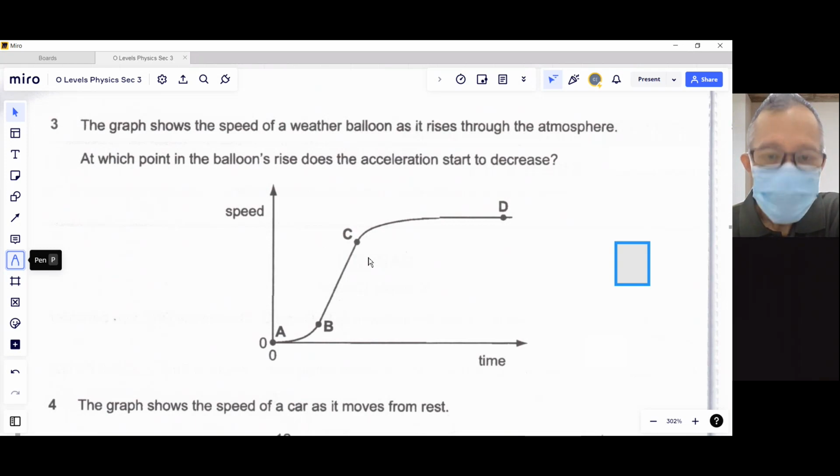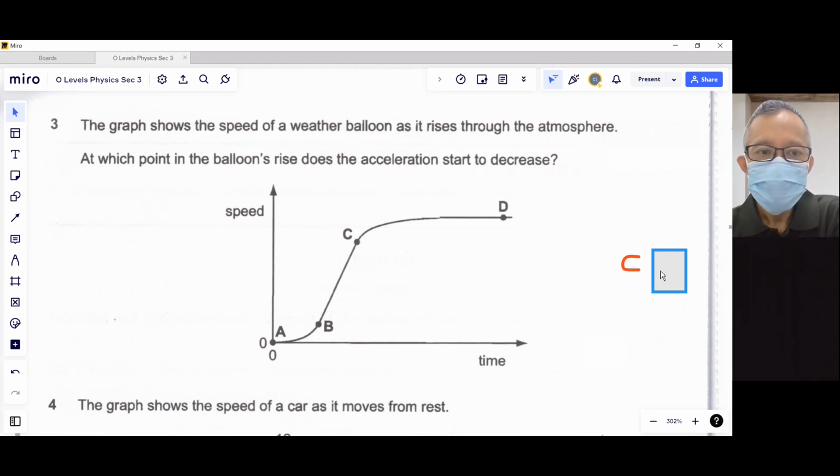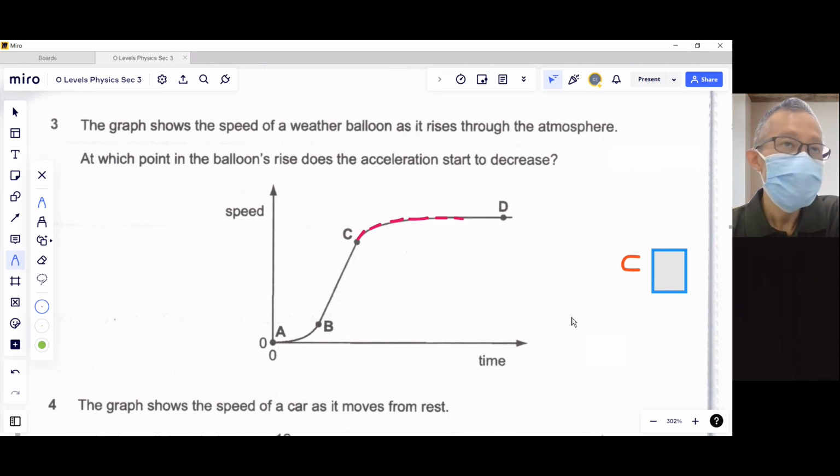Acceleration starts to decrease. C. Yes, excellent. All right, I hope both of you notice your slope is getting more and more gentle. That's when acceleration decreases.